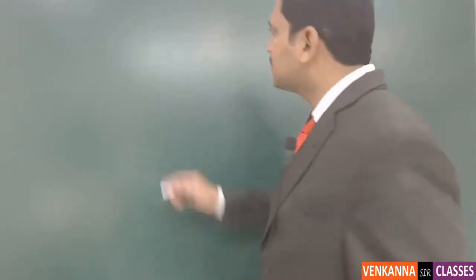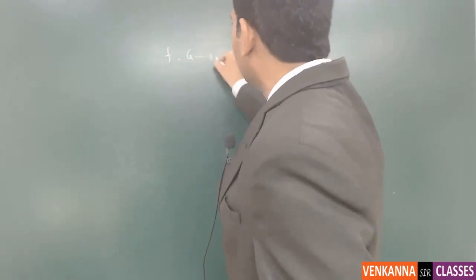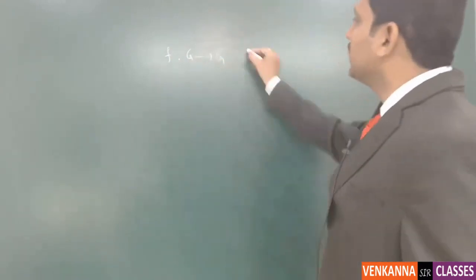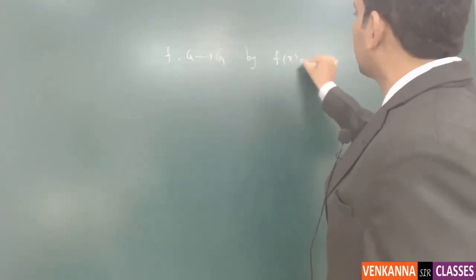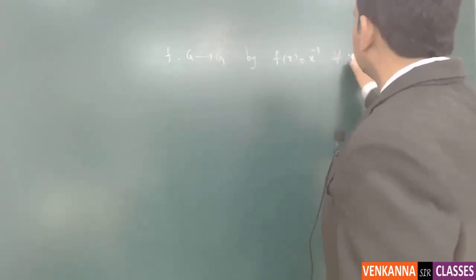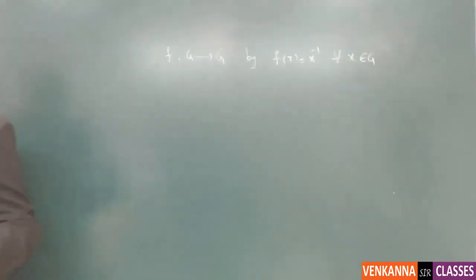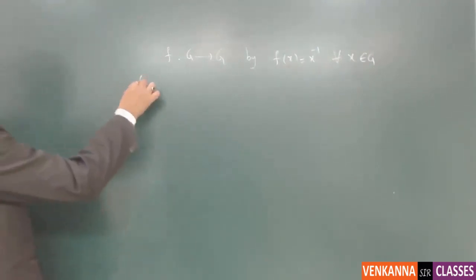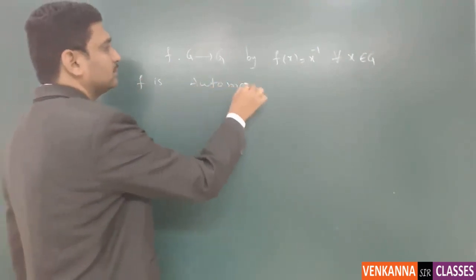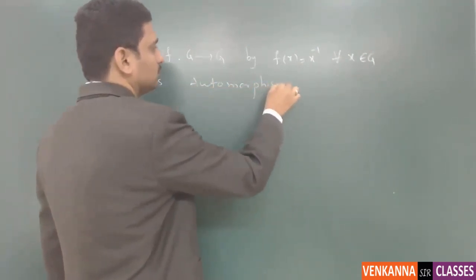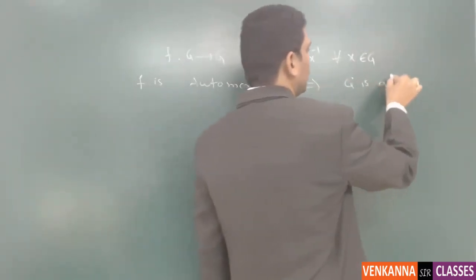Another interesting problem is, you take the function f from G to G by f of x equal to x inverse. Now, the interesting concept here is f is an automorphism if and only if G is abelian.